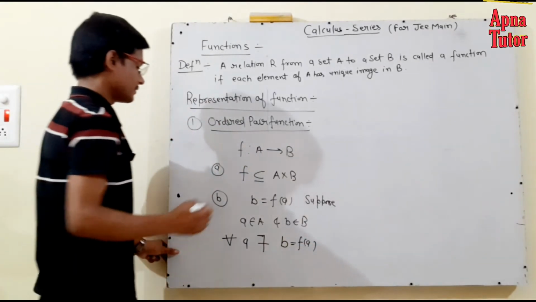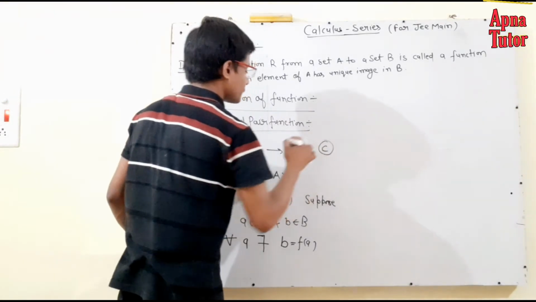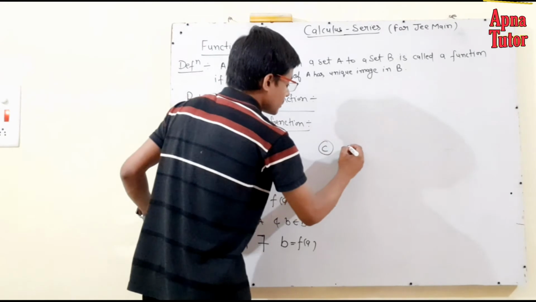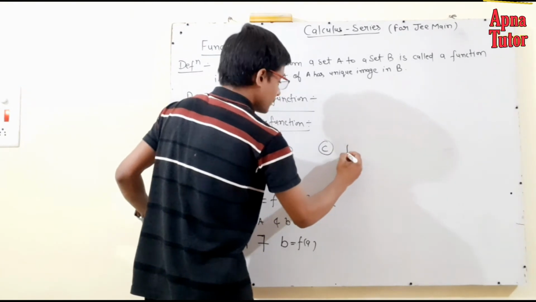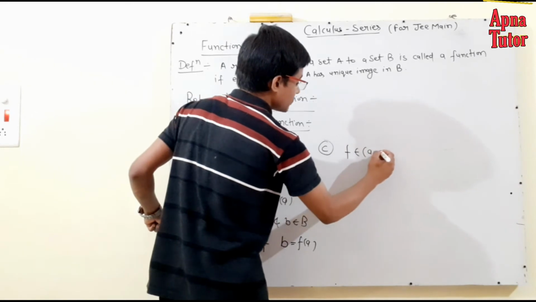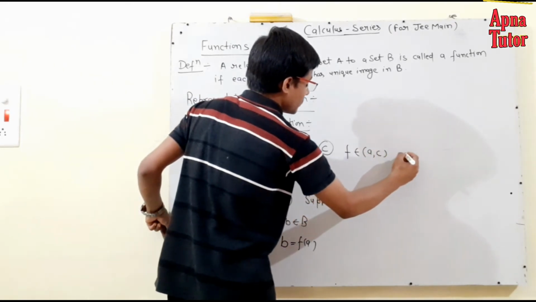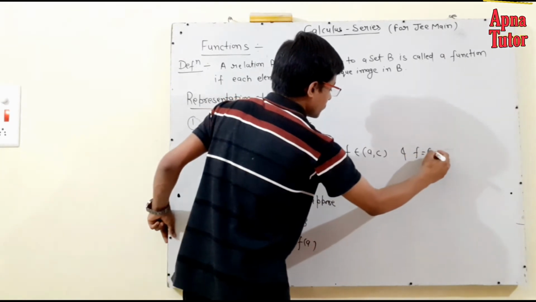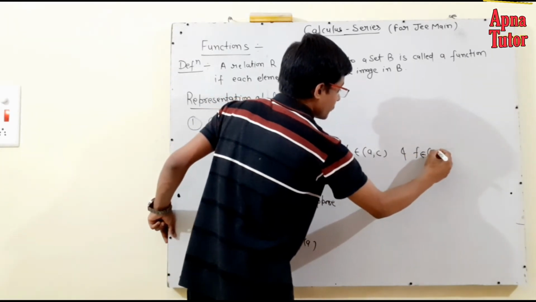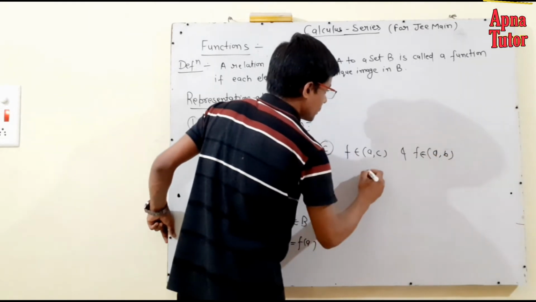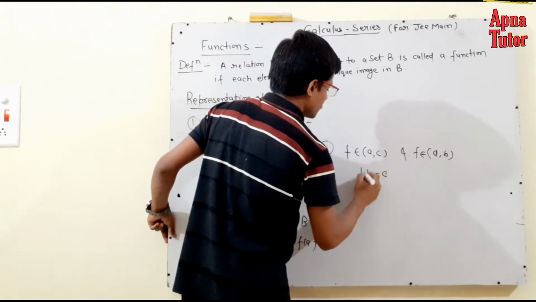Third condition: if you have f belongs to (a, c) and f belongs to (a, b), then b equals c.